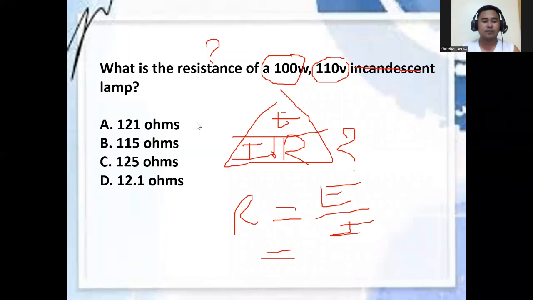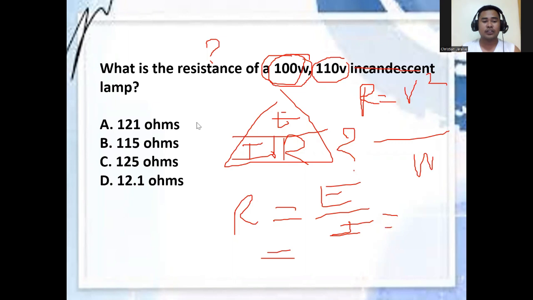Therefore, sir, we don't have current here. We don't have it now because we are given a power. We are given a power here. Since in the electrical wheel formula, we can also have resistance is equal to voltage squared divided by wattage.